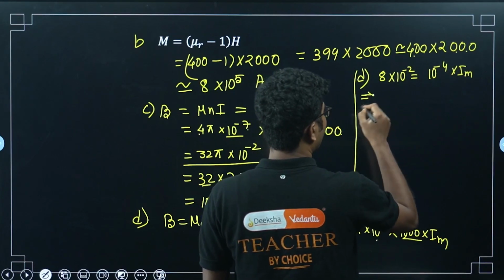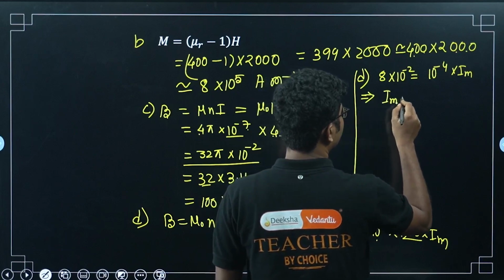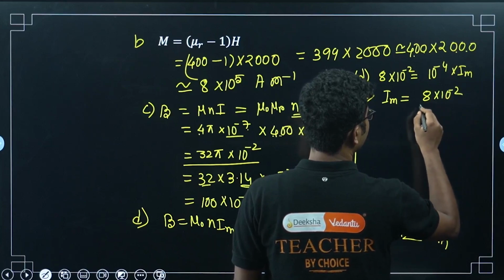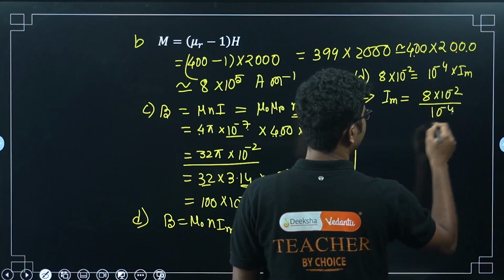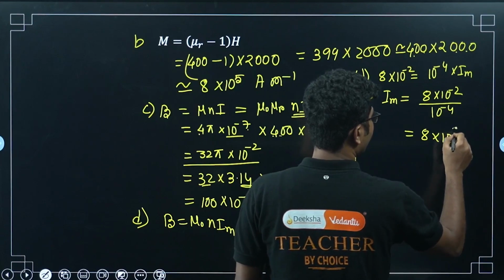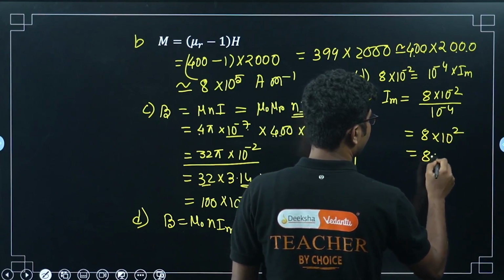So Im is 8 times 10 to the power of minus 2 divided by 10 to the power of minus 4, that is 8 times 10 to the power of 2, that is 800.